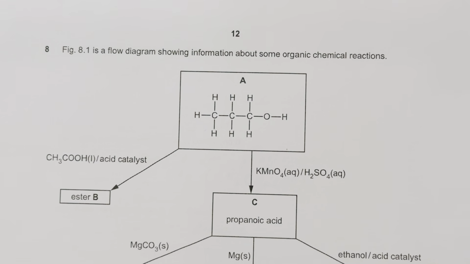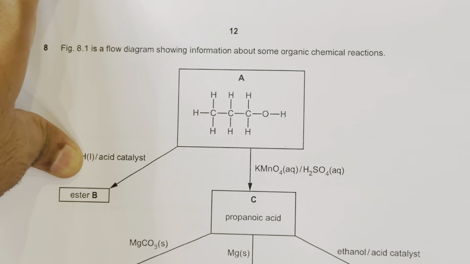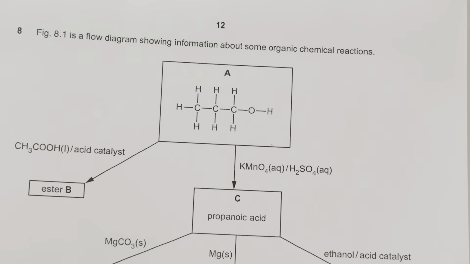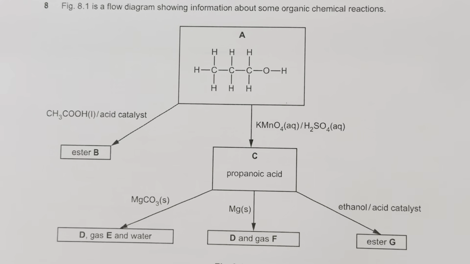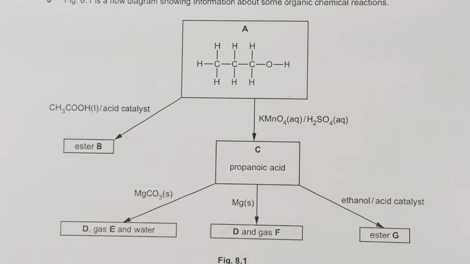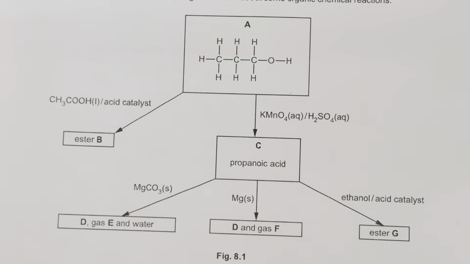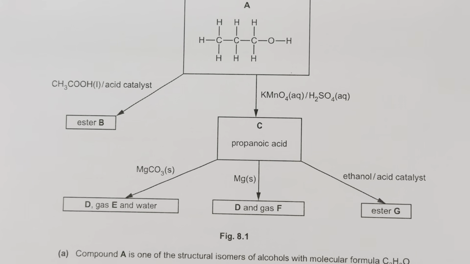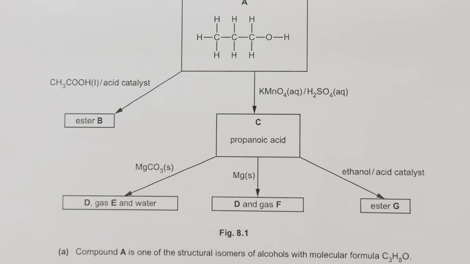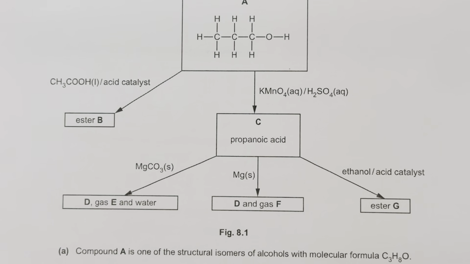Again, moving to question number 8. Question number 8 is from the topic of organic chemistry. Figure 8.1 is a flow diagram showing information about some organic chemical reactions. A is propanol, which forms ester B with an acid catalyst, and C is propanoic acid in the presence of potassium permanganate and sulfuric acid.